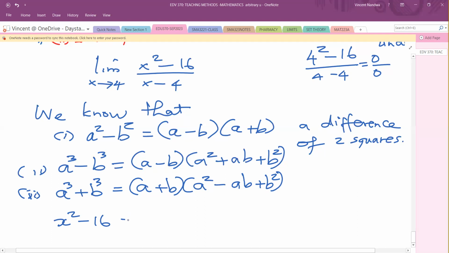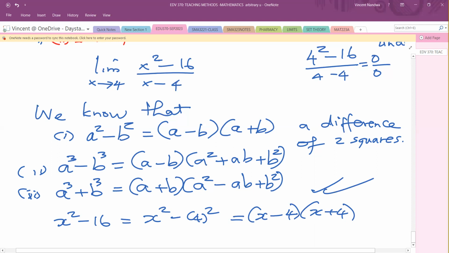So which means the numerator inaweza kuwa x squared minus 4 squared. Okay? Sasa it will be looking like the first case, a squared minus b squared. So hii itakuwa factored like x minus 4 into x plus 4, correct? This is the factorization tutatumia kwa hii numerator.